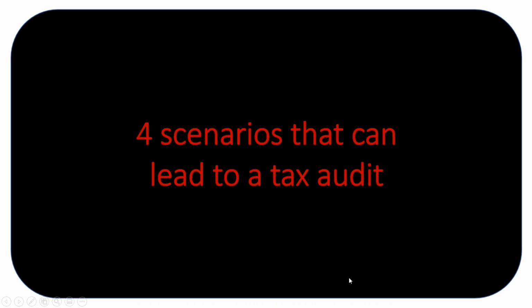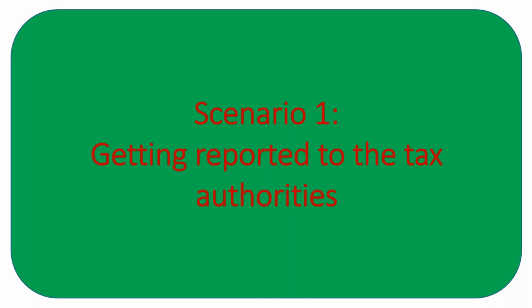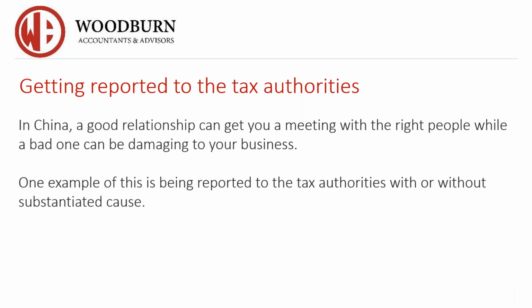Now, I'm going to highlight today 4 scenarios that can lead to a tax audit, okay? So the first scenario is very simply getting reported to the tax authorities, i.e. getting denounced. And in China, guanxi, i.e. the relationship that you have with people, can be what brings your growth.